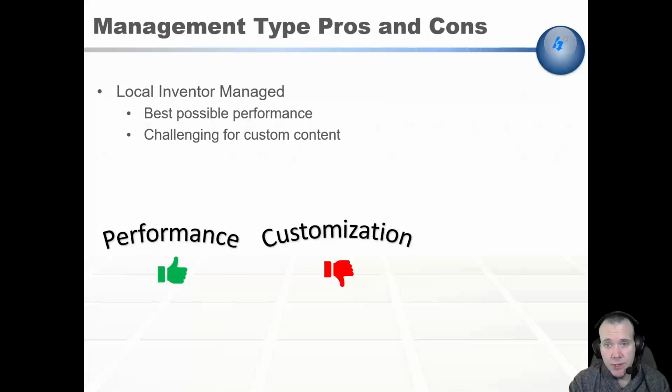And if your goal is to have standardized custom content for everyone to use, anytime someone adds custom content to a library somewhere, you've got to get those customizations to everybody. And there's no good way to sort of merge these things.